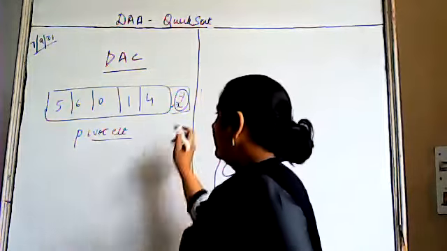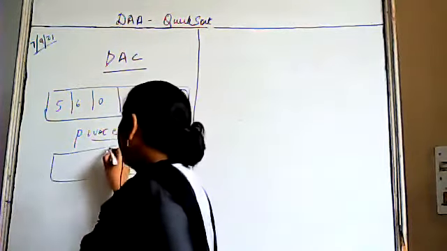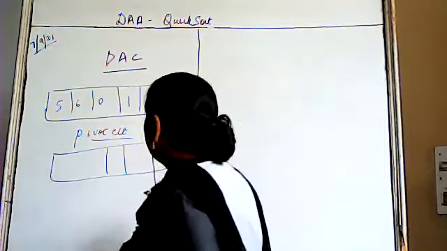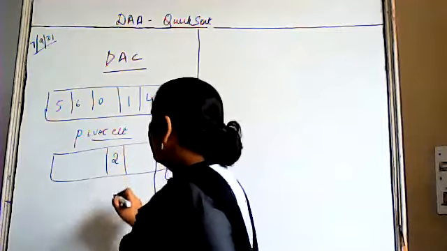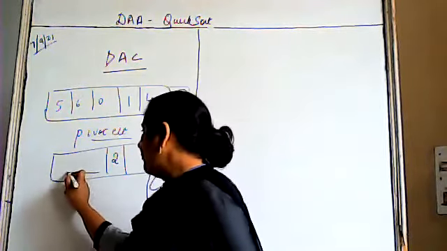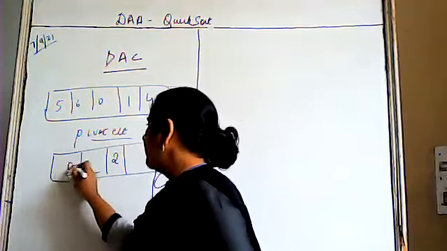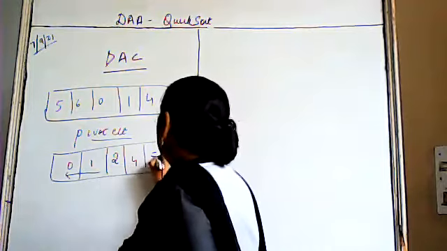Fine. And after dividing this problem into sub problem, what would be the result? That this element will get its final position where the left element of it will be smaller than this number and right to it is greater than this.